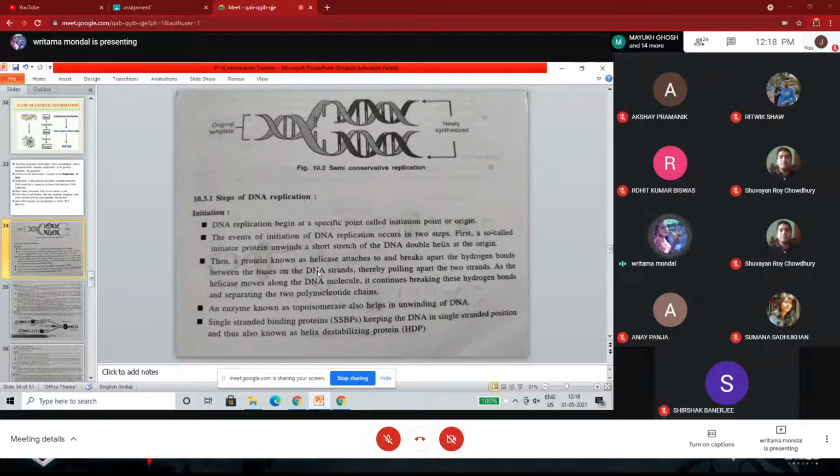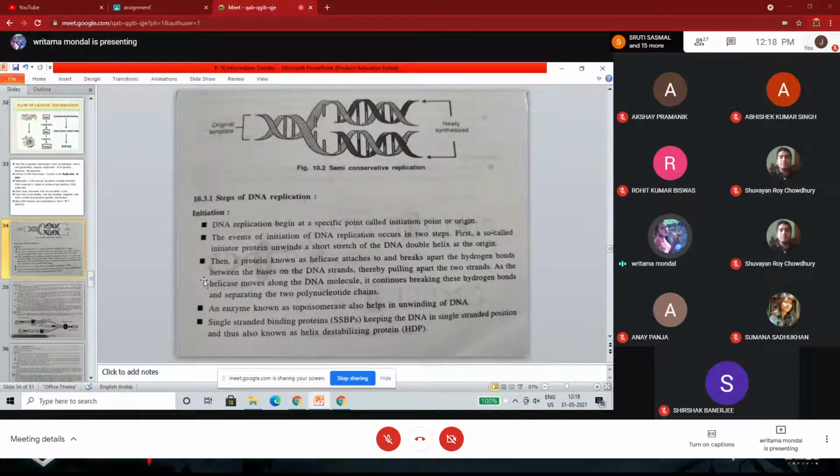These have to be broken with the help of helicase. So helicase breaks these hydrogen bonds and uncoils or unzips the two strands of DNA. So this is the first step of initiation, unzipping or breaking the hydrogen bonds between two nitrogen bases.